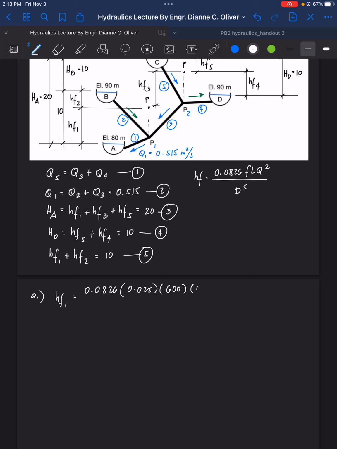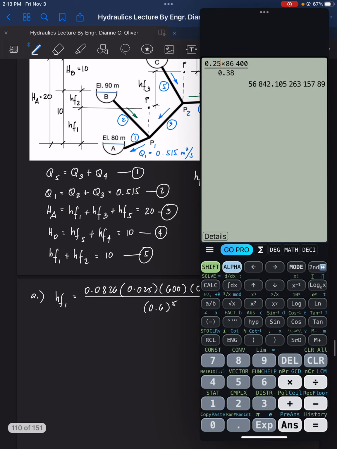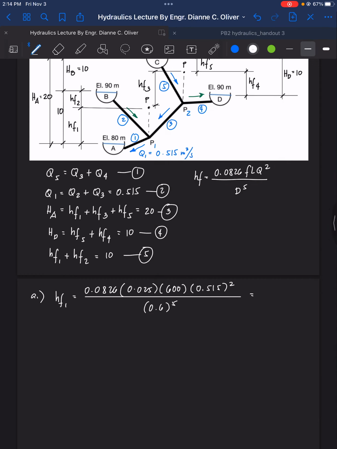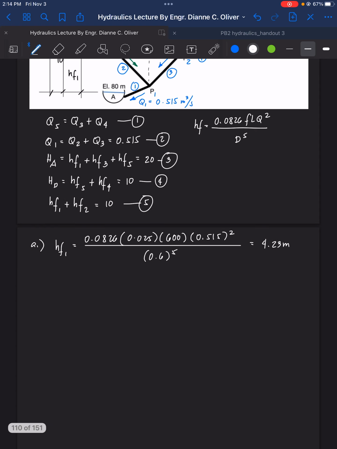Then Q is 0.515 squared all over the diameter of 0.6 raised to 5. So HF1 is equal to 0.0826 times 0.025 times 600 times 0.515 squared all over 0.6 raised to 5. So HF1 is 4.23 meters. Therefore, at equation 5, HF1 is 4.23.